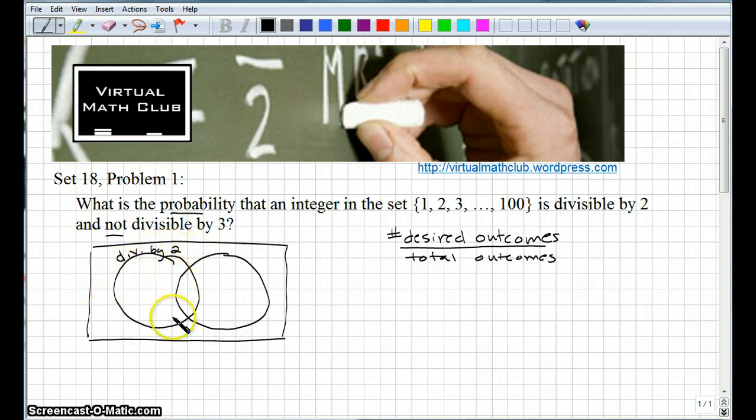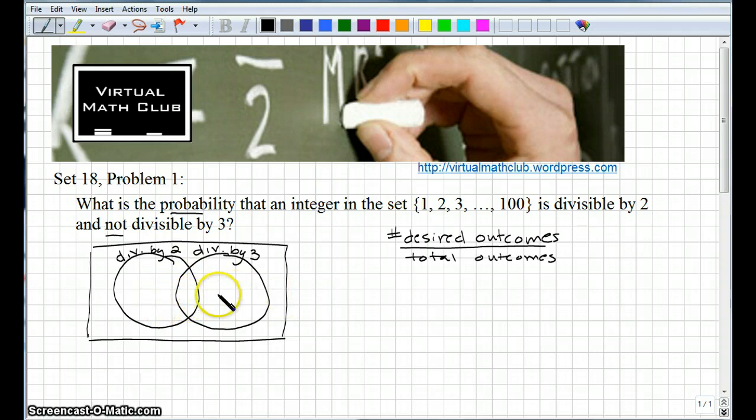The other circle represents the set of numbers that are divisible by 3. And those sets overlap because some numbers are divisible by 2 and 3. For example, 6, right? And 12. And essentially all of the multiples of 6, right?